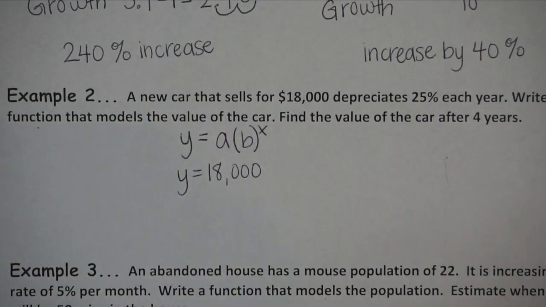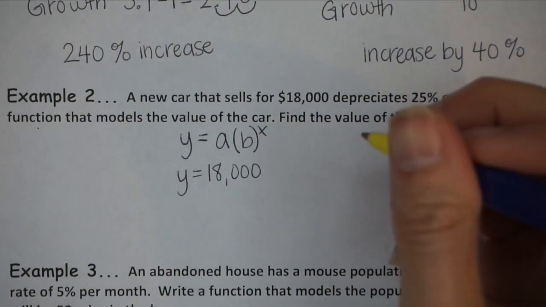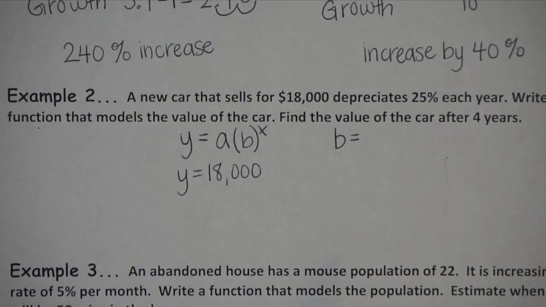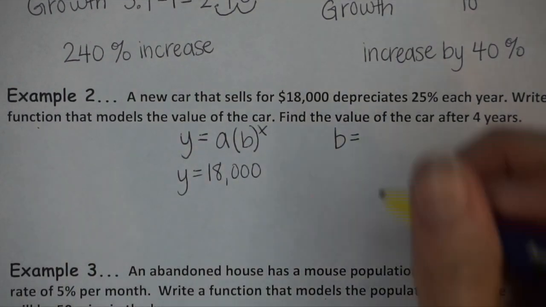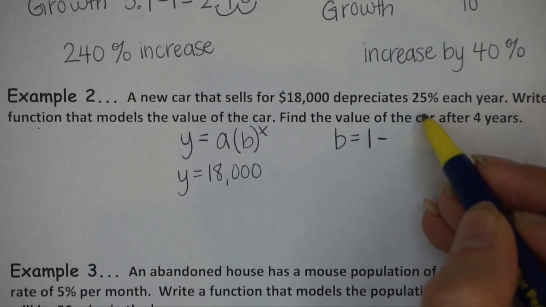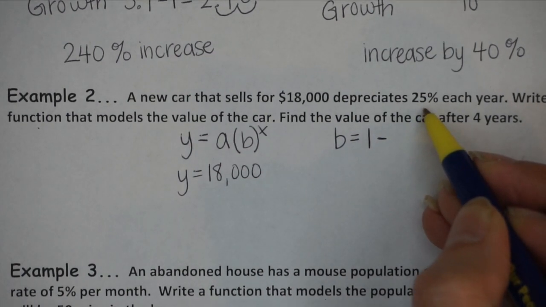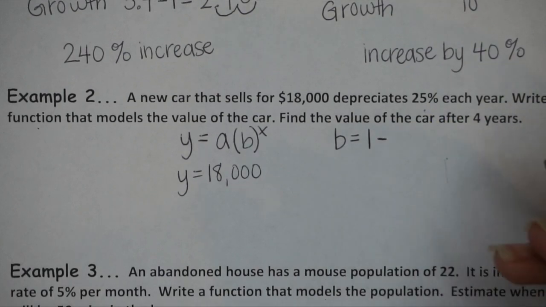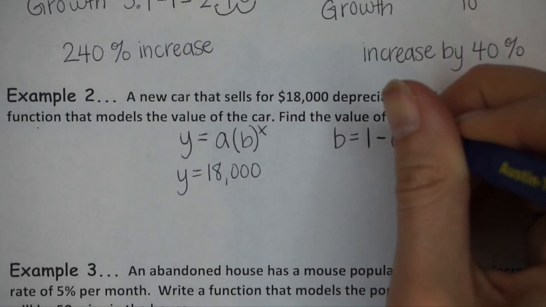In order to find your B value, remember the B value, or in this case, decay factor, would be 1 minus the 25% that it decreases each year, which gets subtracted from that. So remember, 25% is 0.25 as a decimal.